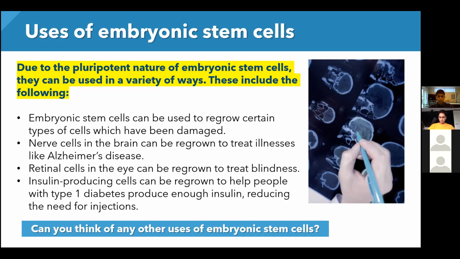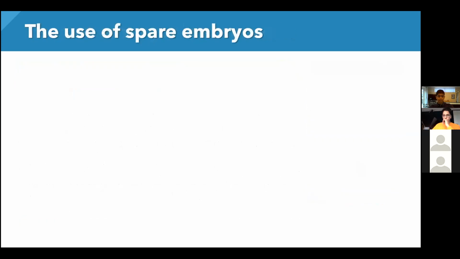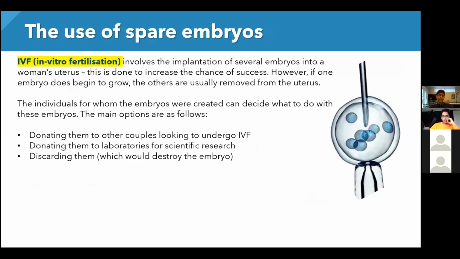Right, so I think we'll move on now, and we're going to discuss the use of spare embryos. I'm sure many of you know already a bit about in vitro fertilization, which is a form of fertility treatment which can allow a woman to become pregnant where she otherwise would not be able to.